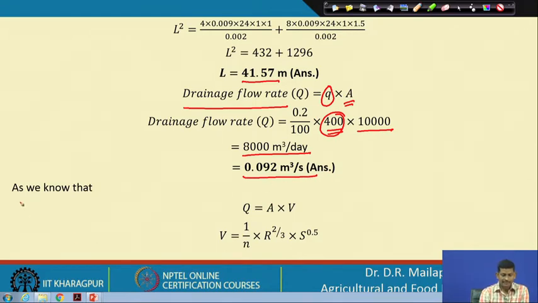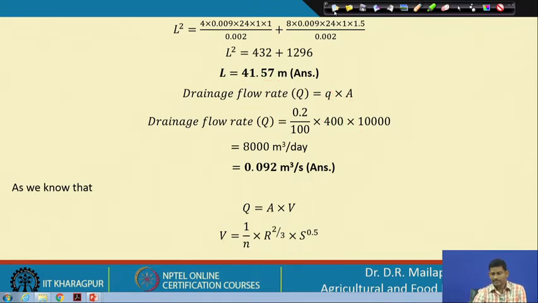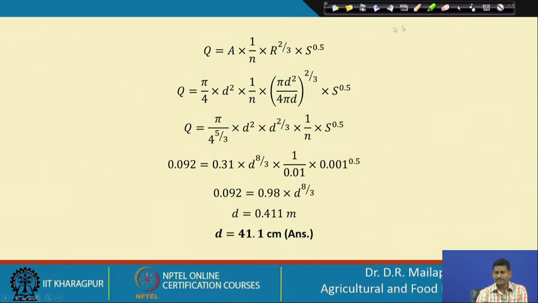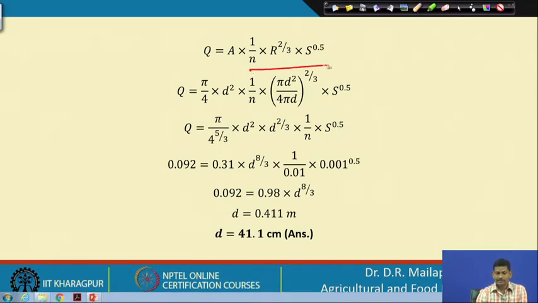Now Q is equal to A into V. This is to estimate the diameter of the tile pipe. Q is equal to A into V. V is equal to 1 by N R to the two-thirds S to the half; this is Manning's roughness equation. If you substitute for V the velocity from Manning's equation, then Q is equal to A into that velocity.